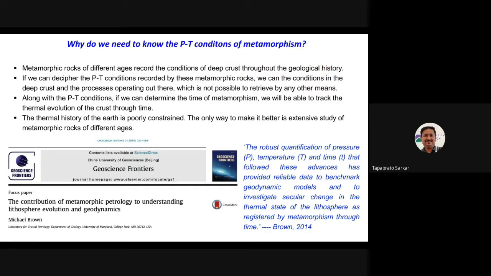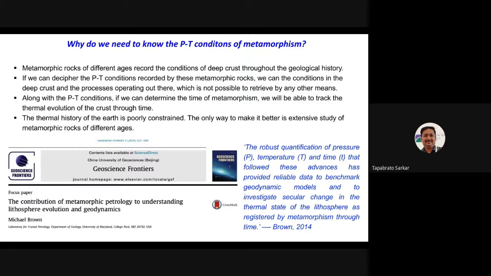If you pick a rock which is, let's say, 500 million years old, you can find out that the rock has recorded the conditions of the deep crust at the depth where it formed at that time. These are the only means of finding out, or which preserve the record of, the situation at that geological age.